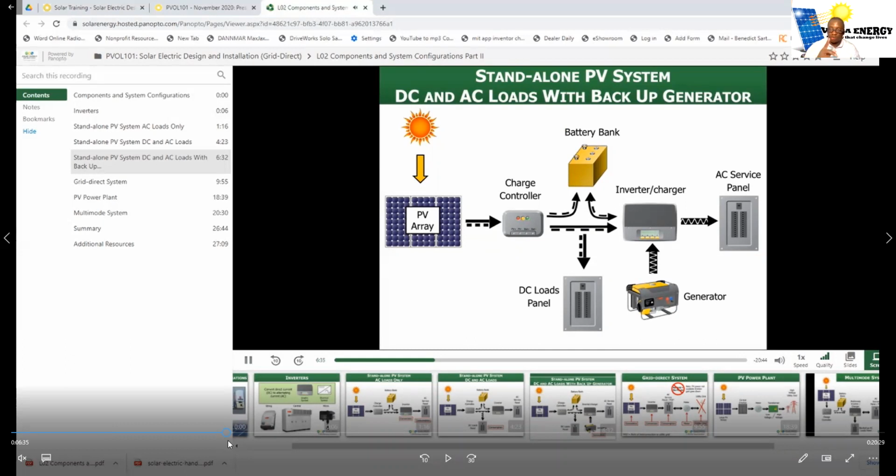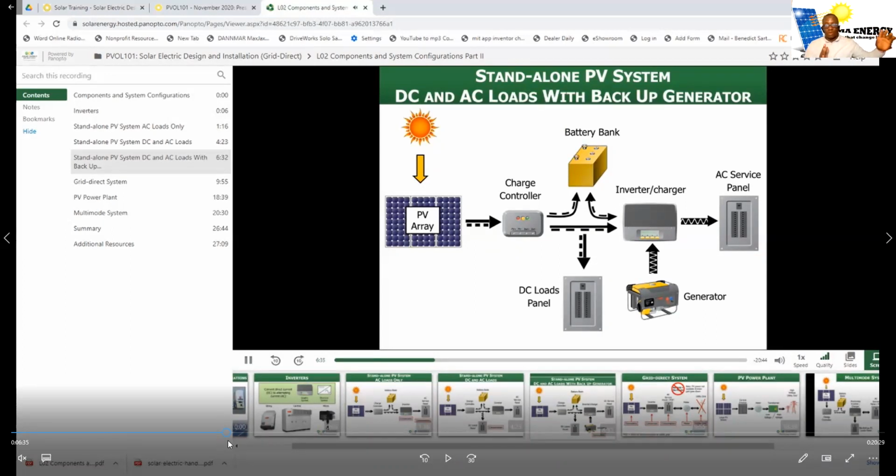For that you need something called an inverter charger. There is an inverter and there is an inverter charger. An inverter charger works in two ways. It sends AC current into your AC service panel, and it sends DC current to your battery and DC load panel.